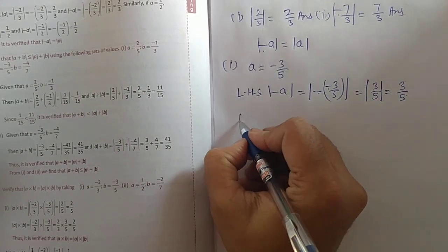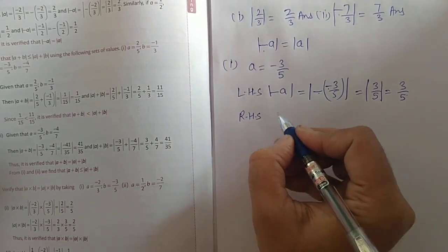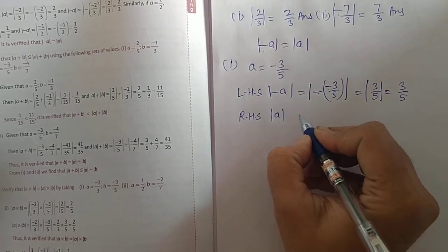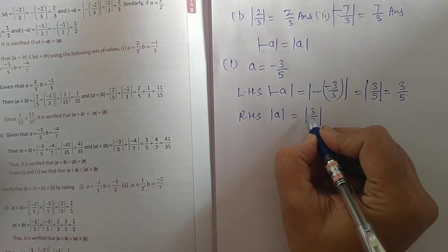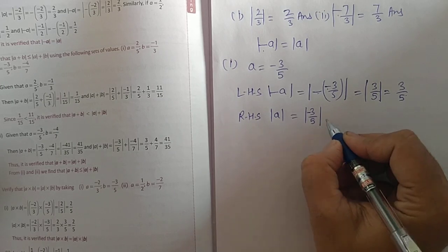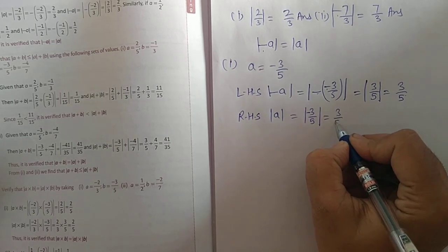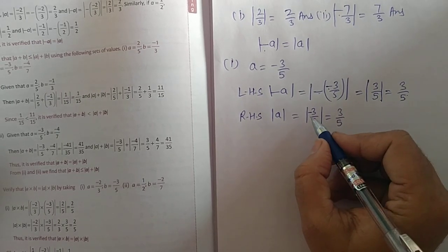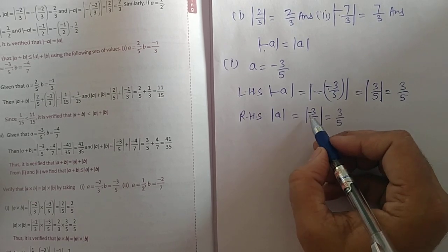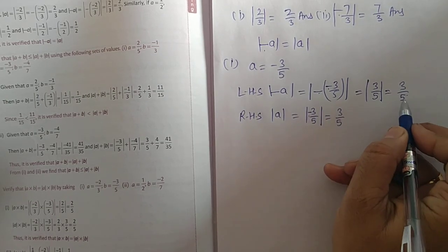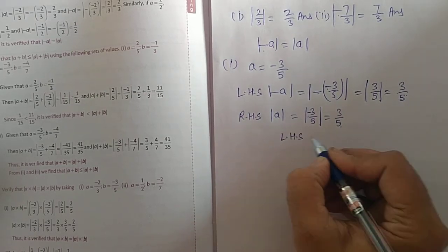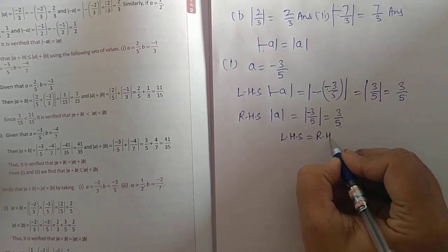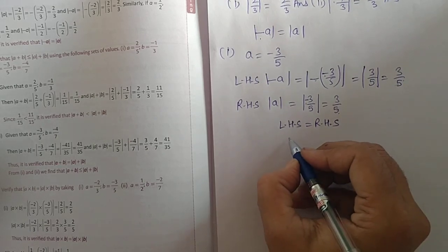And on the right hand side, mod of a is equal to mod of minus 3 upon 5. So again its answer will be 3 upon 5 because we will not consider this negative sign. So these two answers are the same. Left hand side is equal to right hand side.